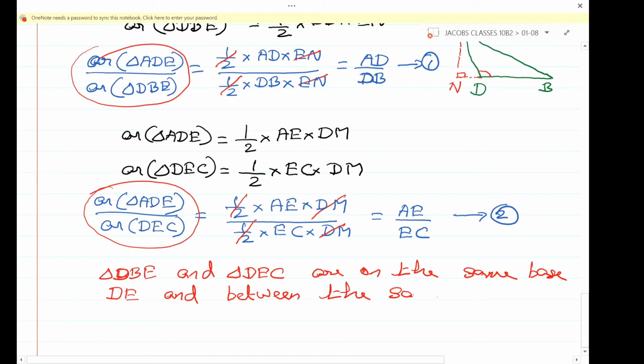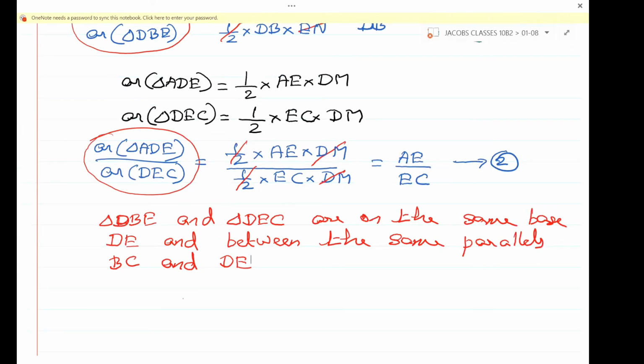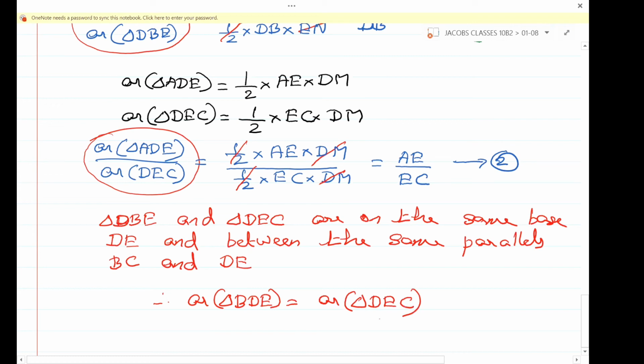Between the same parallels BC and DE. Therefore, we can write like this, area of triangle BDE, that will be equal to what? Area of triangle DEC. Okay, so this is equal to area of triangle DEC.